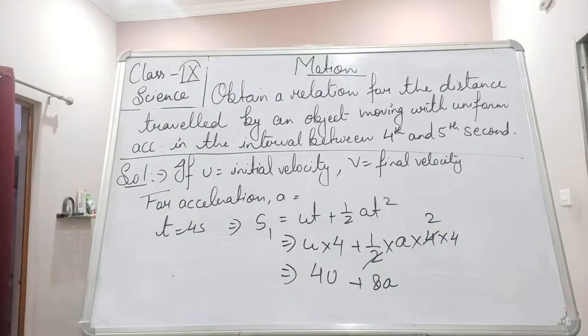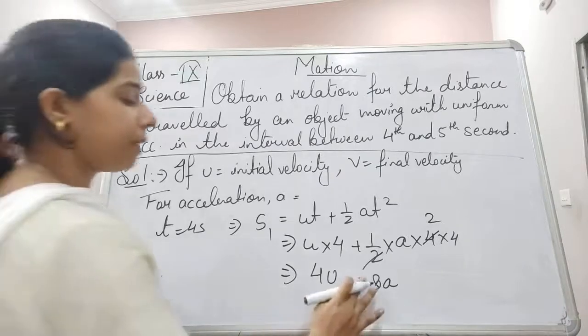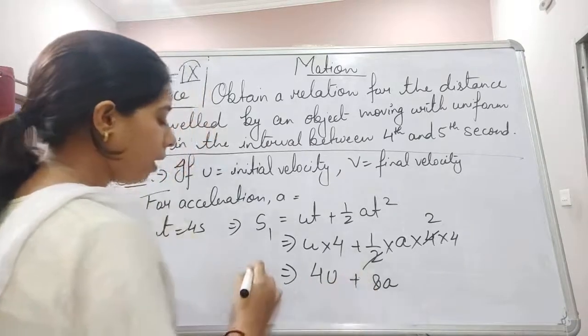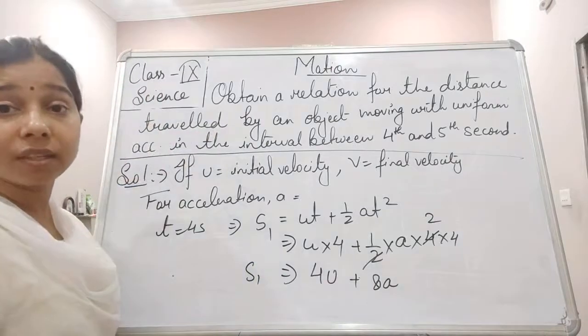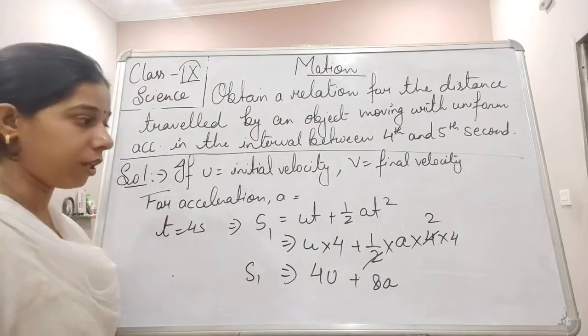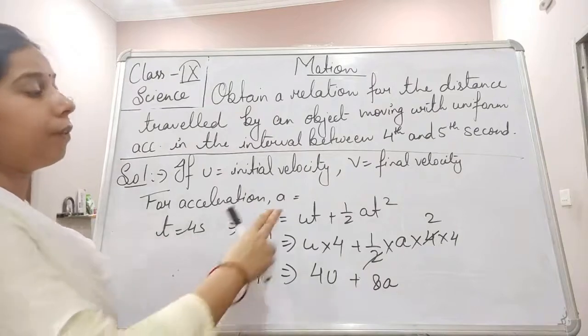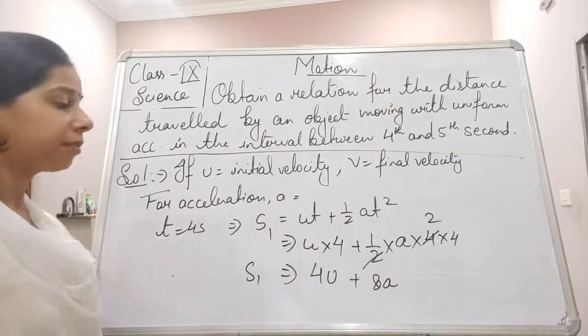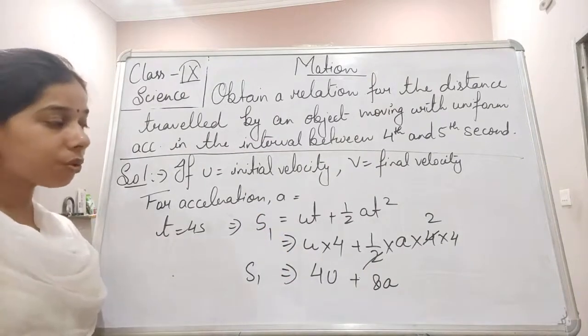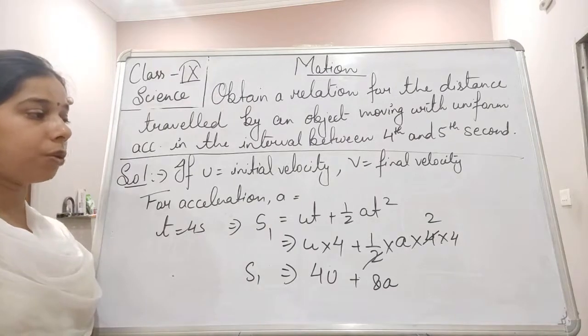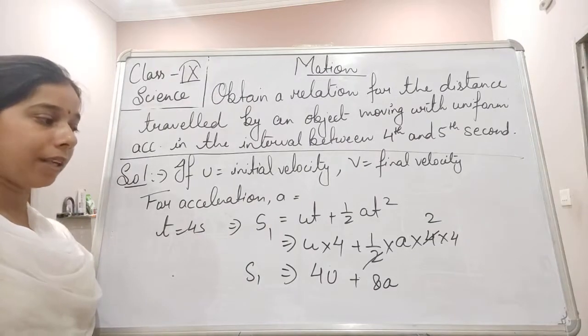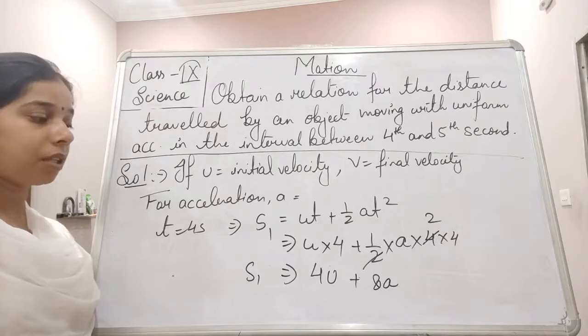It will become 4u plus 8a. This is the value of the first distance traveled by the object. We put in the time value, and using this method we get the value here: ut plus half at square.